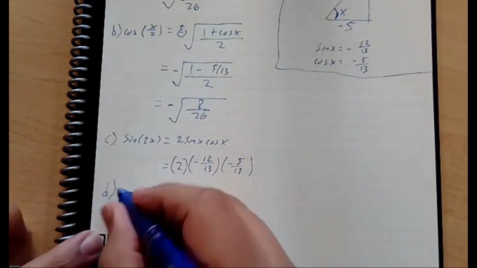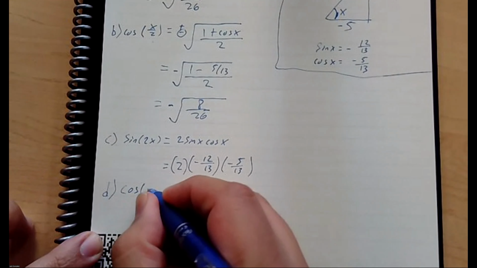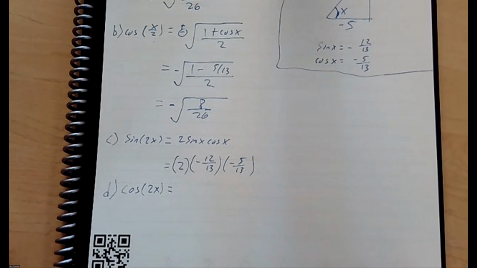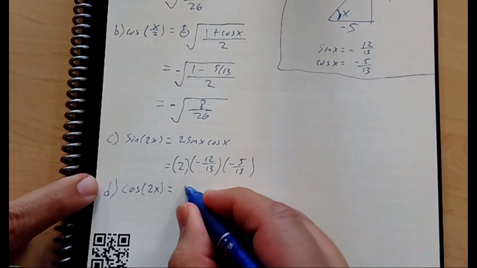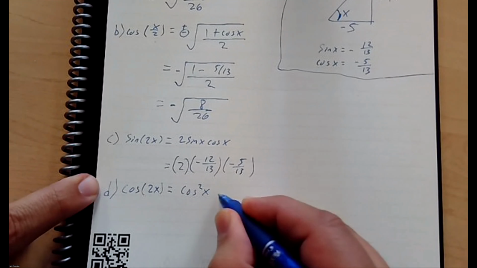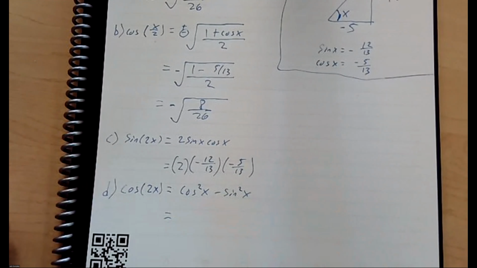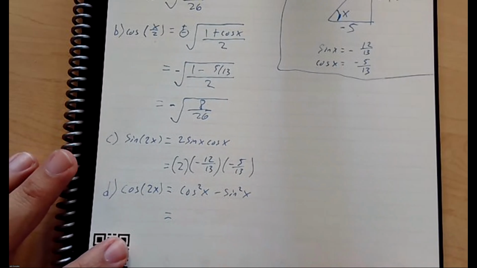Right. Cosine double angle has 3 different forms. Use whatever you want. It will be the same in the end. I'm going to use this one just because it's the only one I remember. Just plug in cosine and sine and then square them, and that's it. And you'll be good.